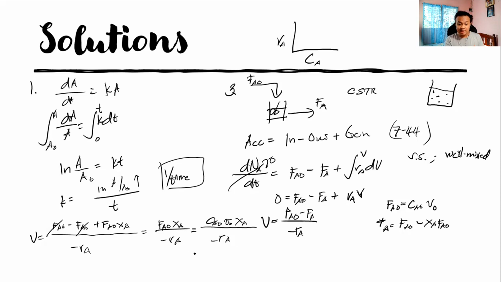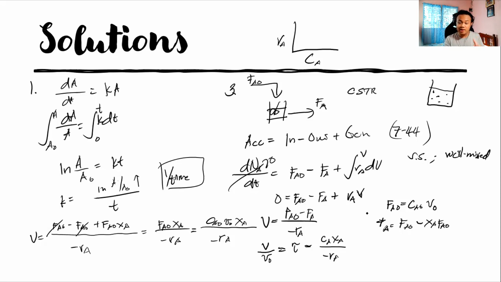Actually, we know that V, the volume, over v0, the volumetric flow rate, is just the residence time. So residence time, tau, and then you have CA0 over negative RA.